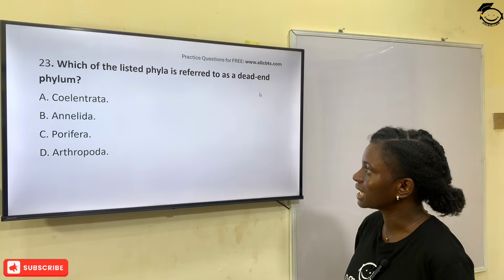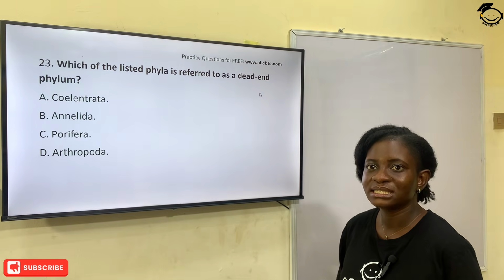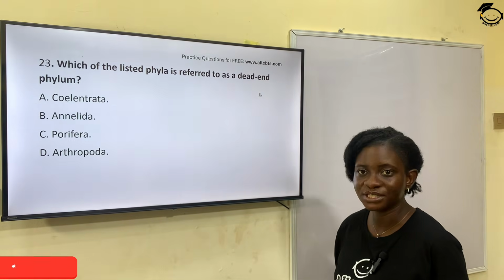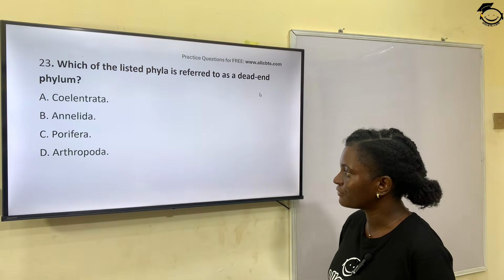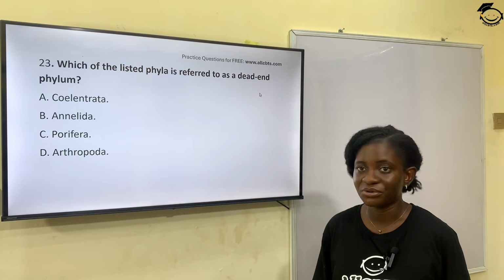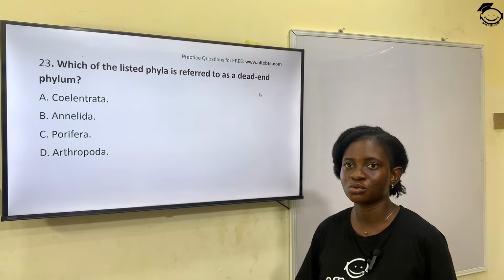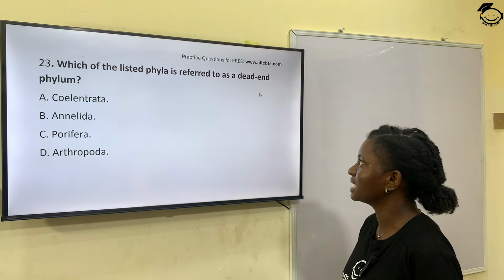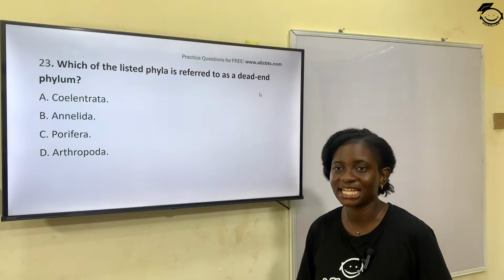So let's take a look: the coelenterata, for example the jellyfish, the annelida, porifera, and arthropoda. So the correct answer is porifera.